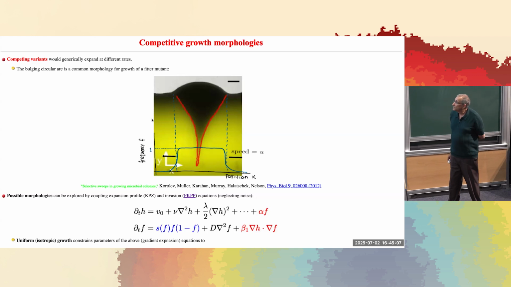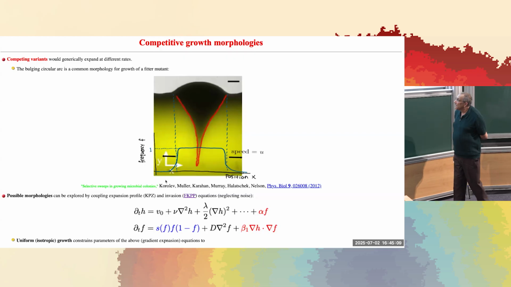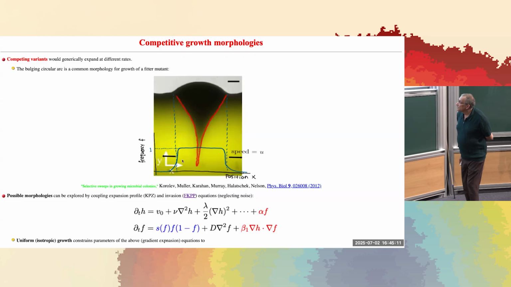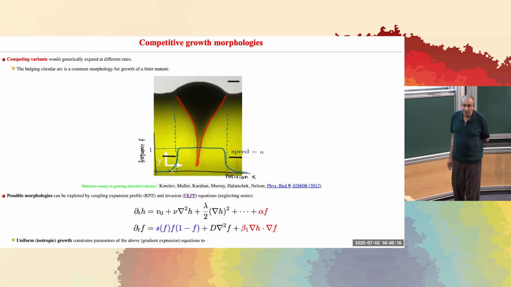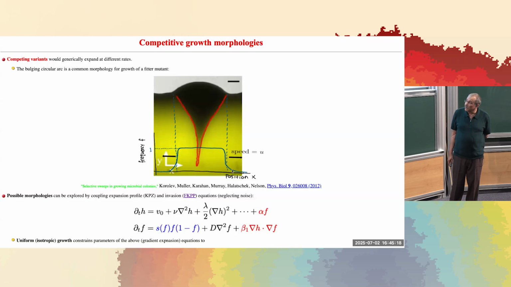So let me introduce this function f that is 1 when I have this new, more powerful bacteria, and is 0 when I have the other one.